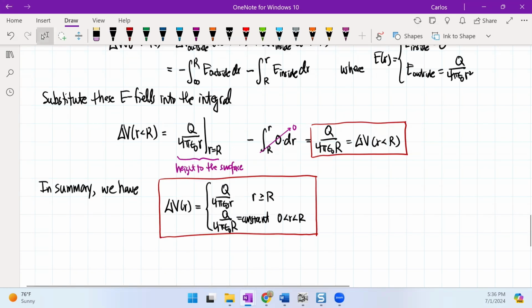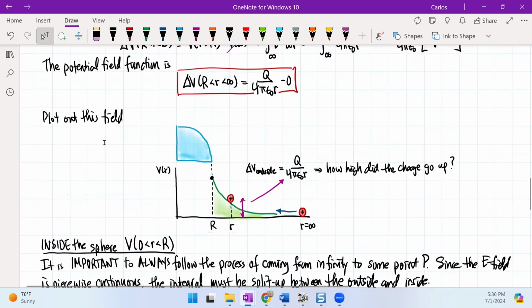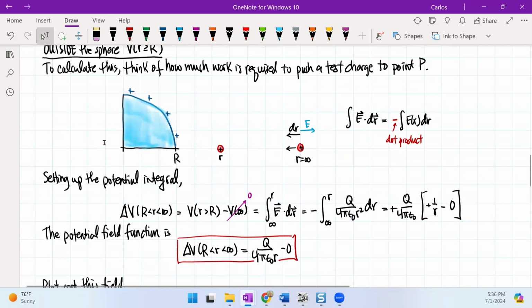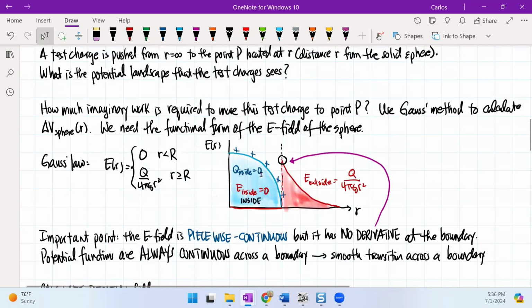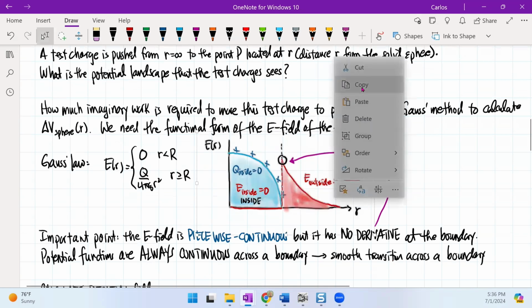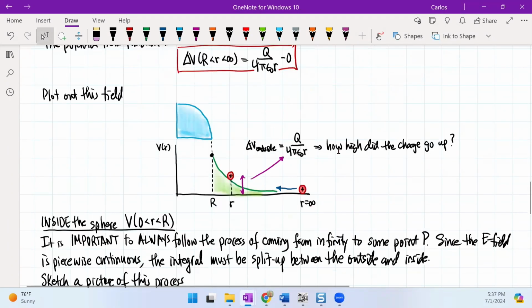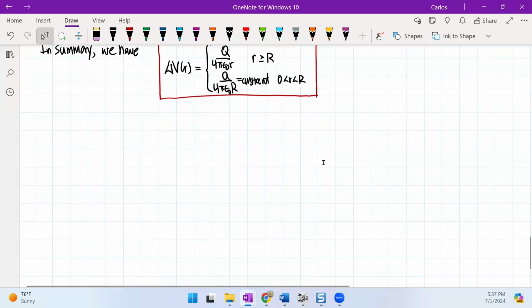So our job here is that we want to plot and get a sense of this stuff. So the first thing I'm going to do is come over here. I think we plotted this, so I'm going to grab this guy. Since we've already plotted it, I don't want to redraw this again, and I'll just modify it.